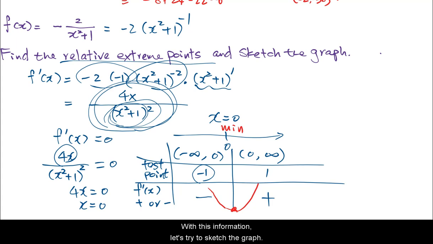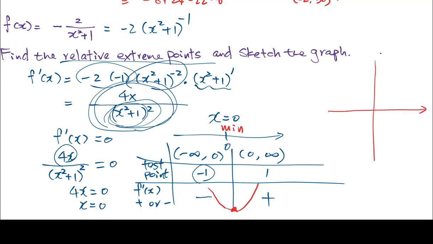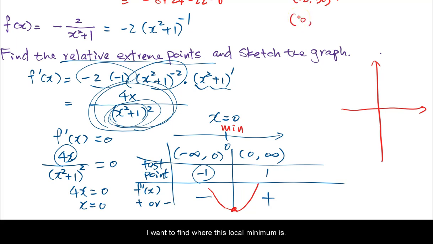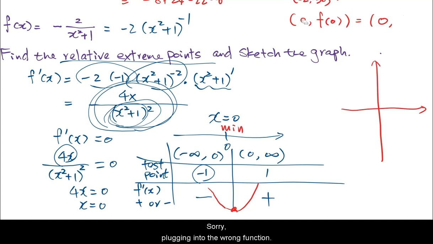Okay, with this information, let's try to sketch the graph. Just a rough sketch. So we have x equals 0 over here. I want to find where this local minimum is. It's f of 0... sorry, I'm plugging into the wrong function.